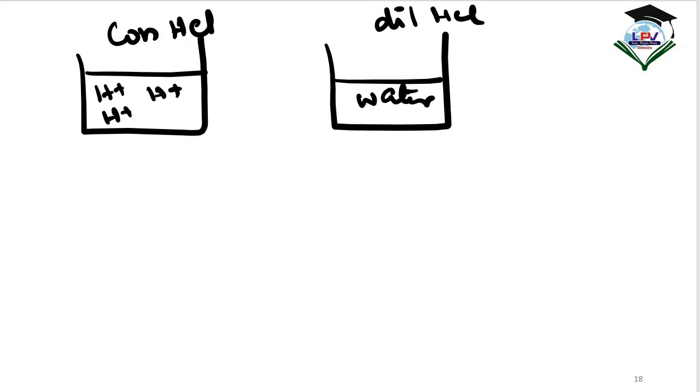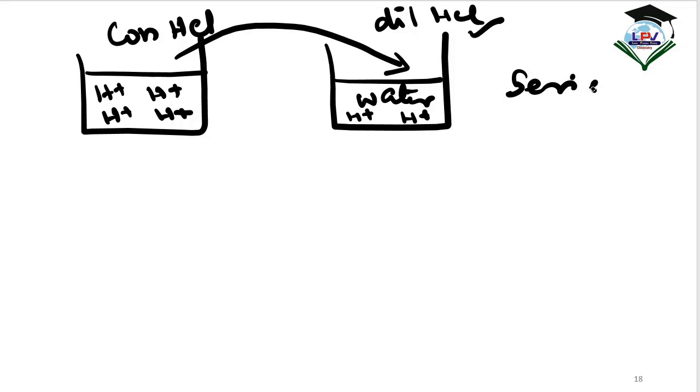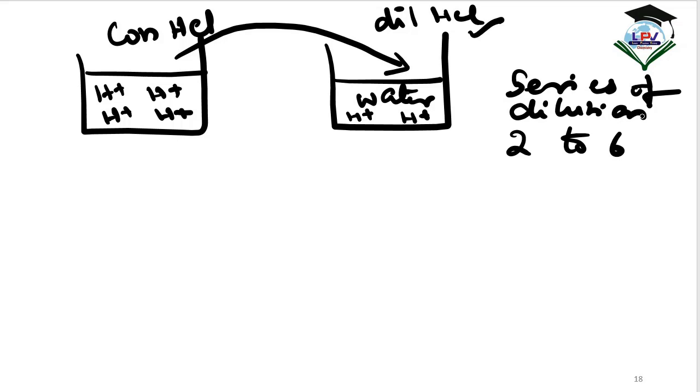Add the concentrated hydrochloric acid to water. Now the H plus ion starts emerging. This is dilution. You can do a series of dilutions to achieve pH 2 to 6.